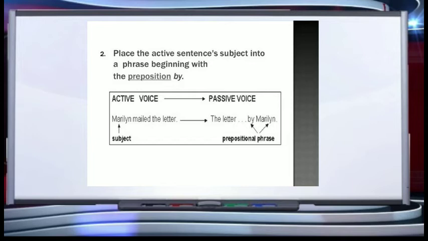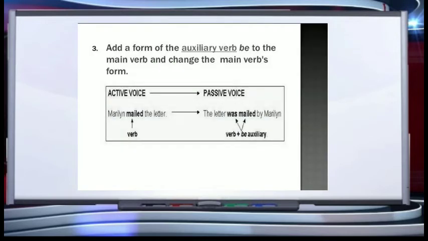Then place the active sentence's subject into the phrase beginning with the preposition by. And then add a form of the auxiliary verb to be to the main verb and change the main verb's form. So, Marlon mailed the letter will become the letter was mailed by Marlon.